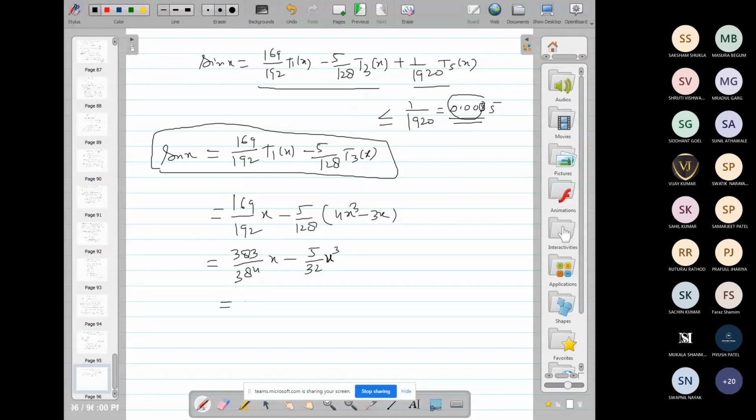This can be written as 0.9974x minus 0.1562 x cube.